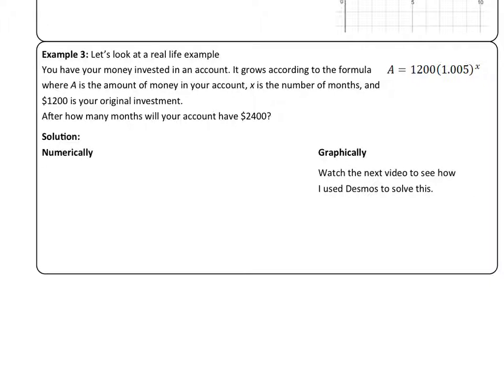So let's see how we can go about solving this. We want to have this at the end, so in this case, that equals A. So I'm going to set up the equation properly. So 2,400 equals 1,200 times 1.005 to the x.